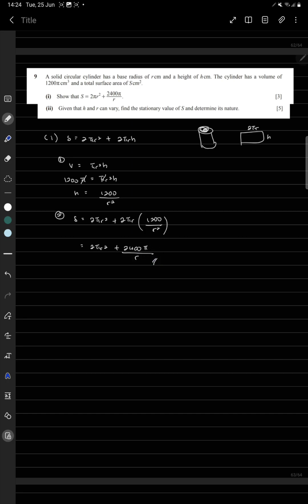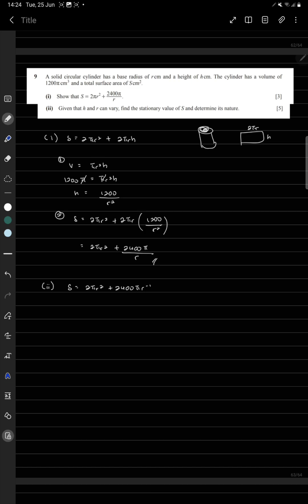Okay, so now let's move on to the next part, part 2. In part 2, given that h and r can vary, find the stationary value of s and determine its nature. Stationary value of s, so we have s equal to 2 pi r square plus 2400 pi r to the power of negative 1.